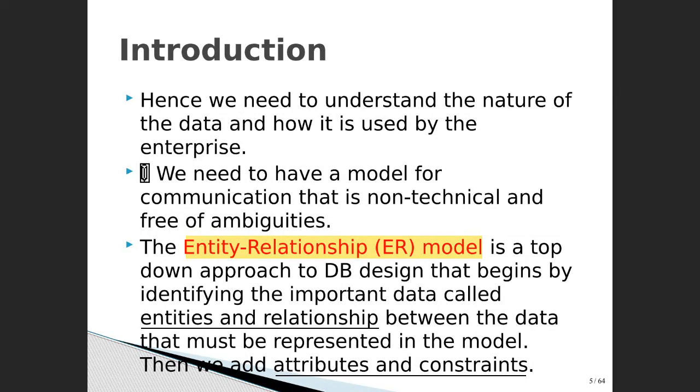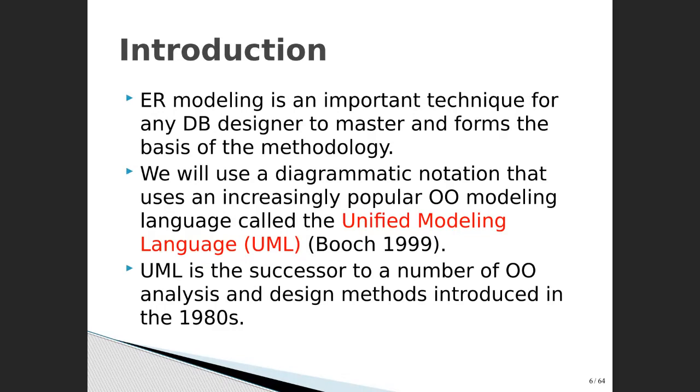See, entities and relationships will be defined from the top, as general terms. Then come what? The attributes. We will define the attributes and constraints. That's the meaning of the top-down approach. Top, most important information, then down, least important information. All right?